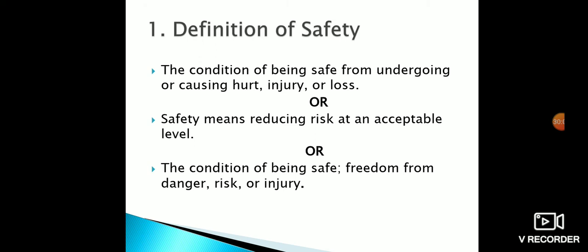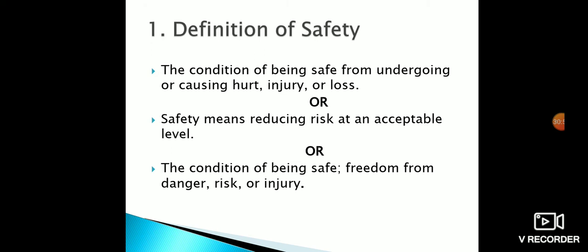Means men can work in a safe environment, reduce the risk, and they feel safe. They are safe in that particular environment. It is called safety for that particular person. So this is your second definition, and it is also very simple. You can also define safety like this.